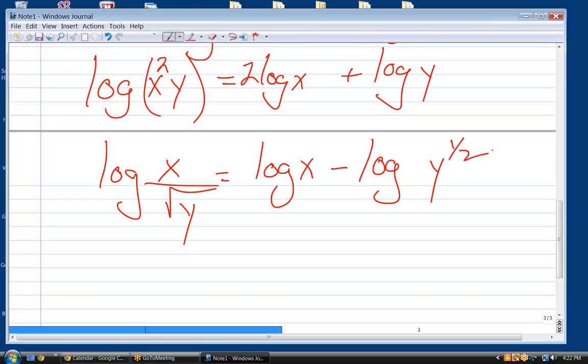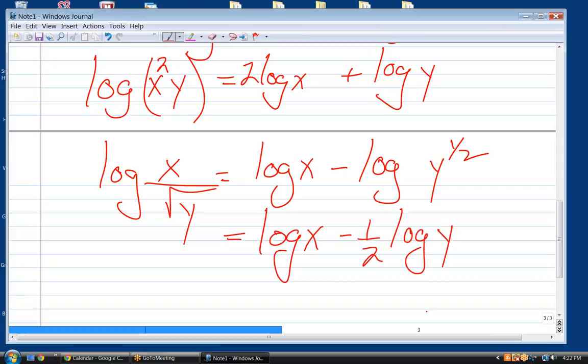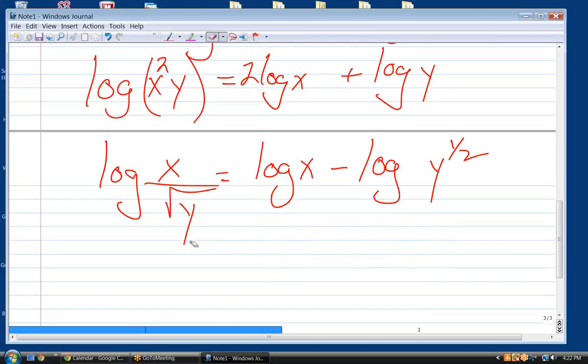That's the same thing, right? Yeah. I mean, square root of y is the same as y to the 1/2. Once we have it in exponential notation, we can bring the exponent. So now we have log x minus 1/2 log y. All right, that's expansion.